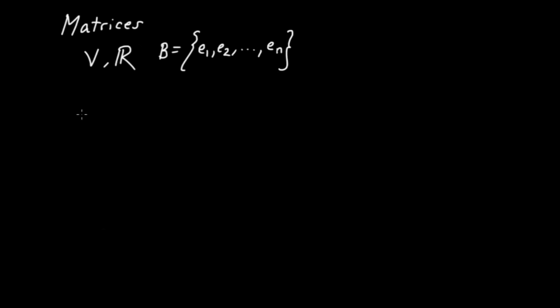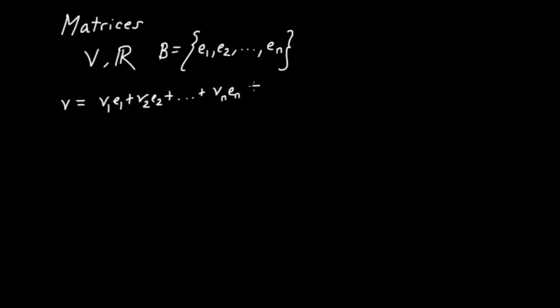And let's just repeat the procedure that we did in the previous slide. Let's say I have some vector v, and I want to expand this in the basis. We have v1 e1 plus v2 e2 plus v3 e3, and so on, all the way up to the last basis vector, which is going to be en, so vn en.